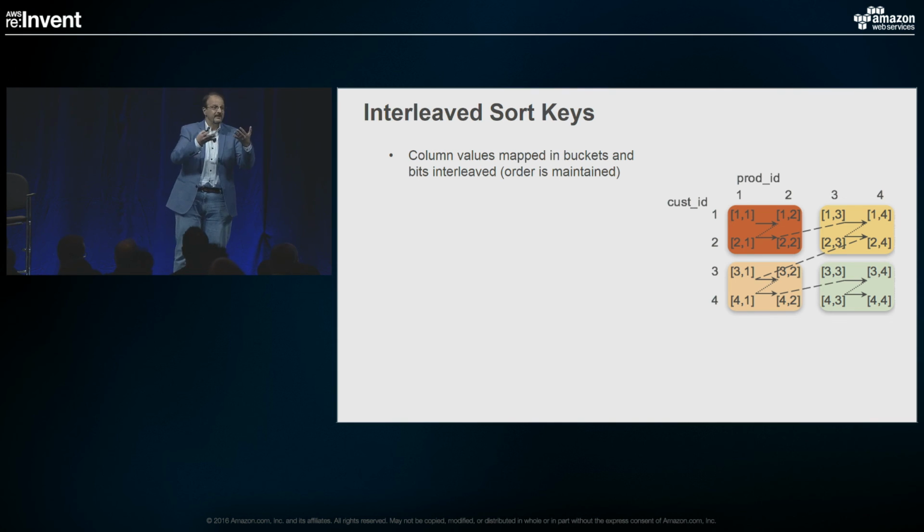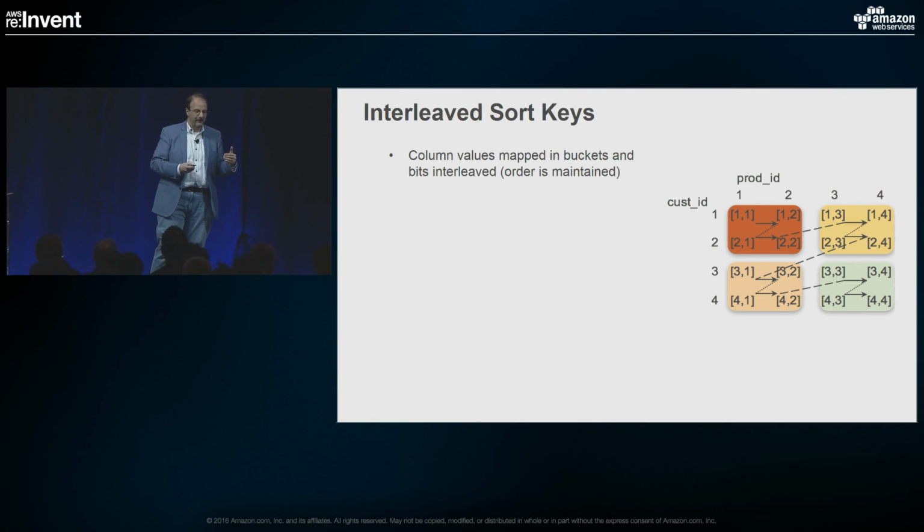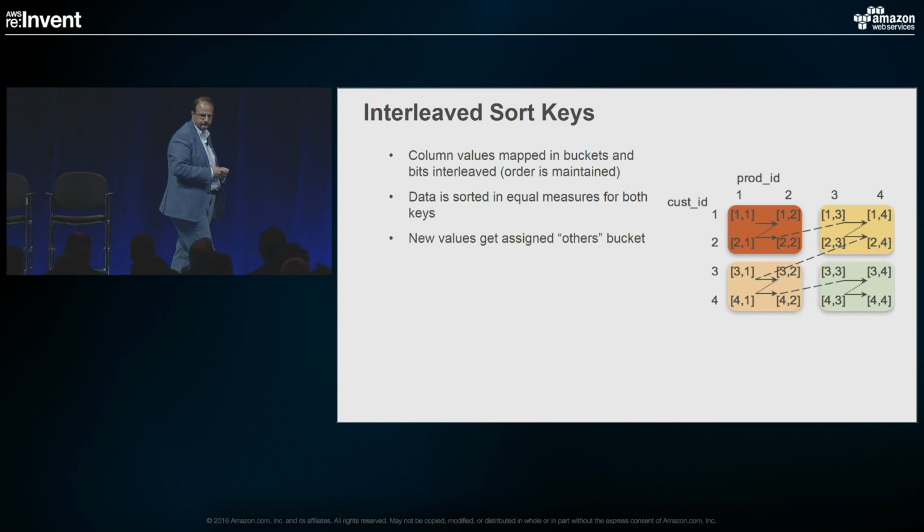So I still have the order. If I do a range search, I can still walk through and know when I don't have that column anymore. It allows me to do range scans, but also allows me to scan by product ID or by customer ID independently. So the data will be sorted in equal measure on both keys.